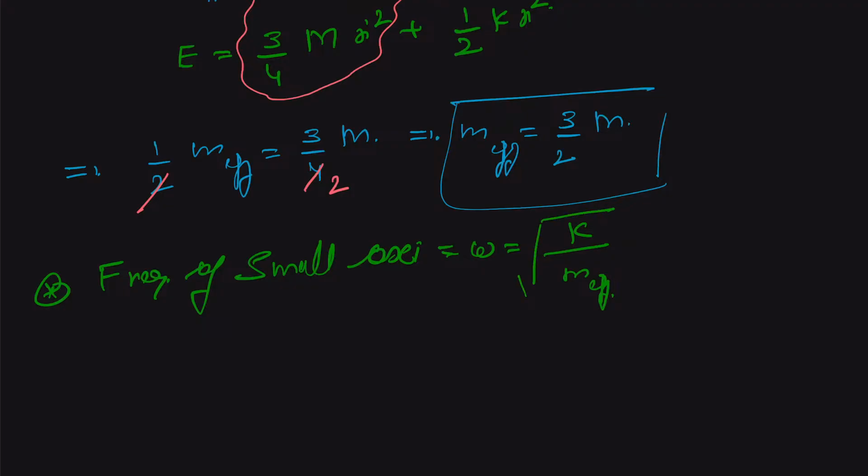And the effective mass we already know is 3/2 times m, so this will be coming as the square root of 2k upon 3m.